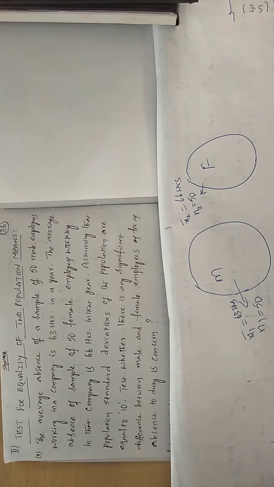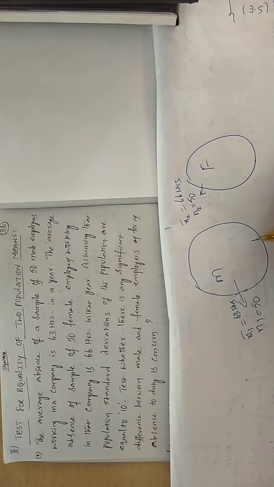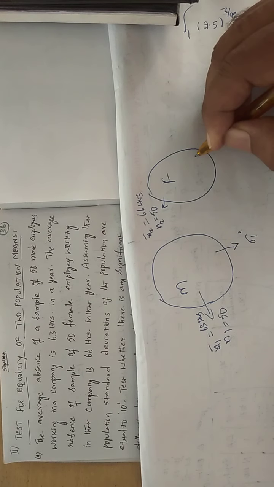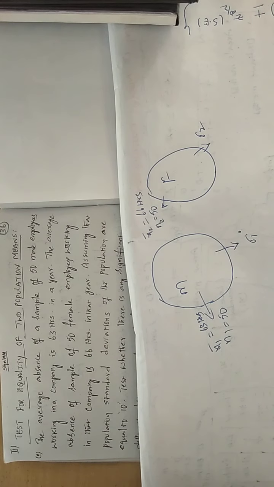Then is there any information about the populations? Assuming that the population standard deviations are equal. So let us suppose the standard deviation for this population is sigma 1, and for the other population, sigma 2.